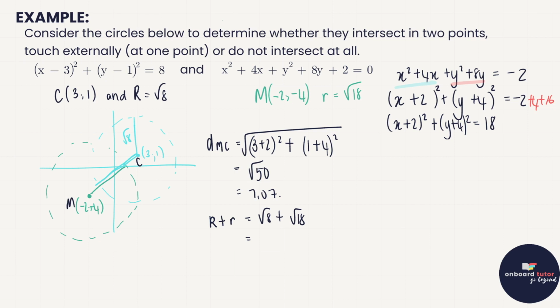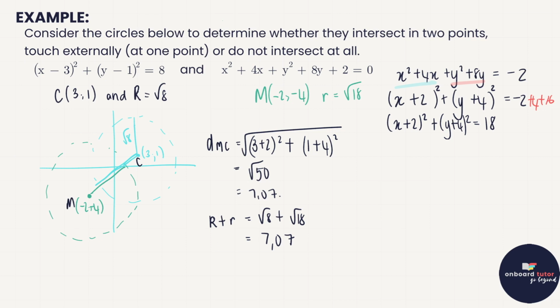Let's calculate now. We've got the root of 18 plus the root of 8, and we end up with, oh, my drawing was very off, 7.07.